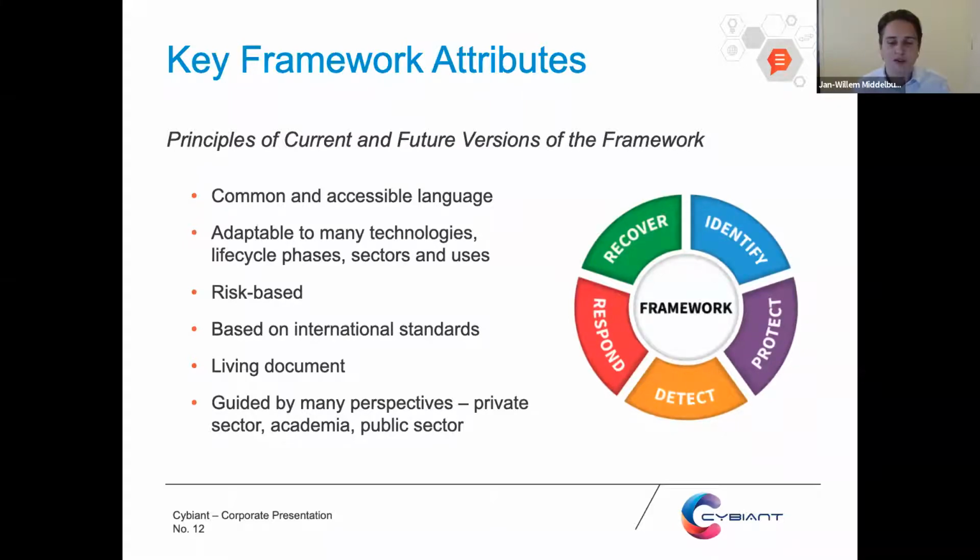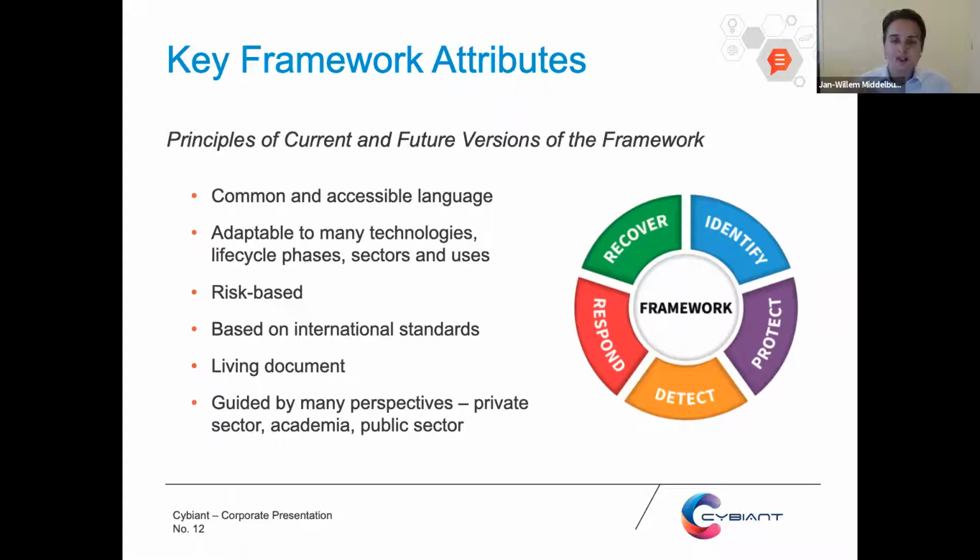Standards like the ISO 27001 are very good in their own right, and they have been embedded within the current framework. And that's really good news for organizations and governments because they might have been investing for years in getting those standards in place. So it does not mean that they need to replace anything. They're just going to use a framework to tie all of these different elements together.